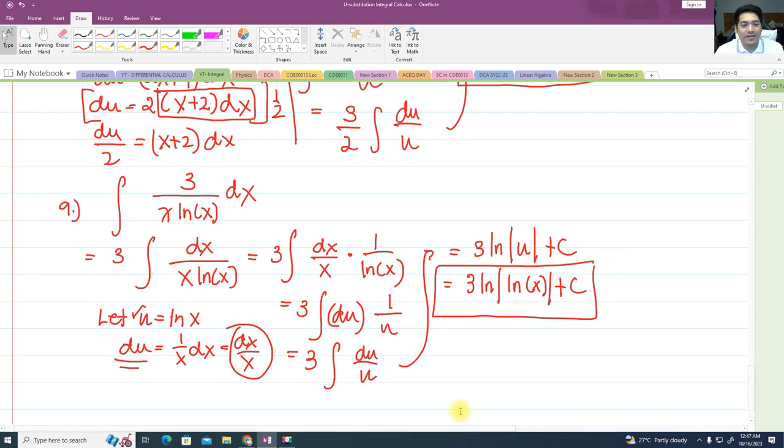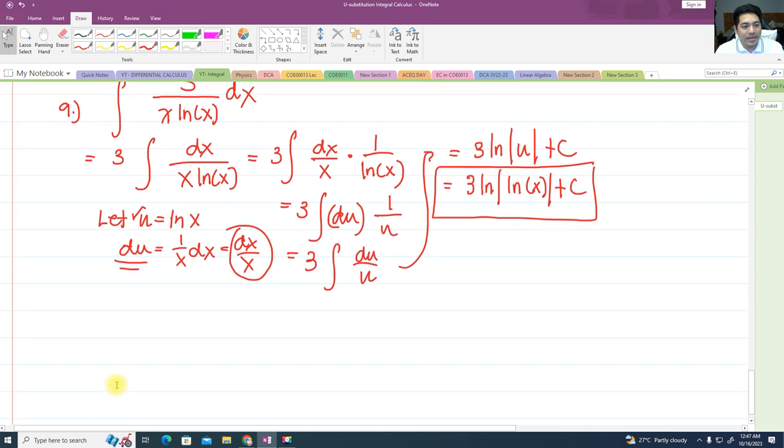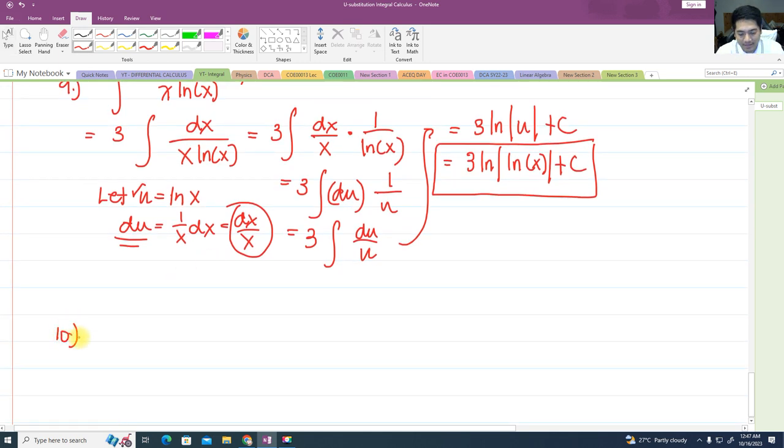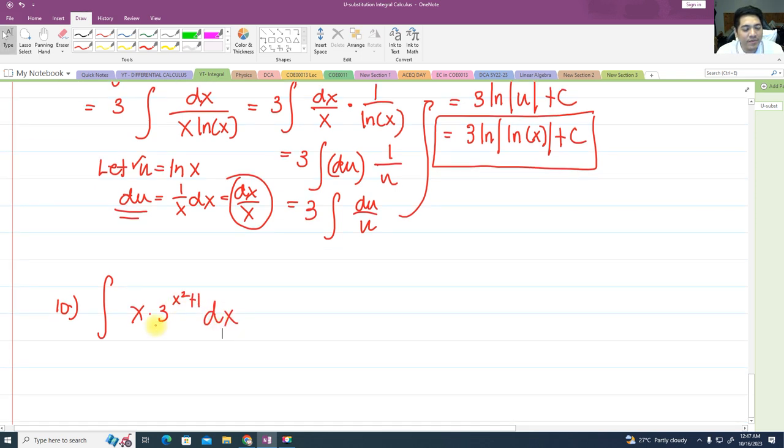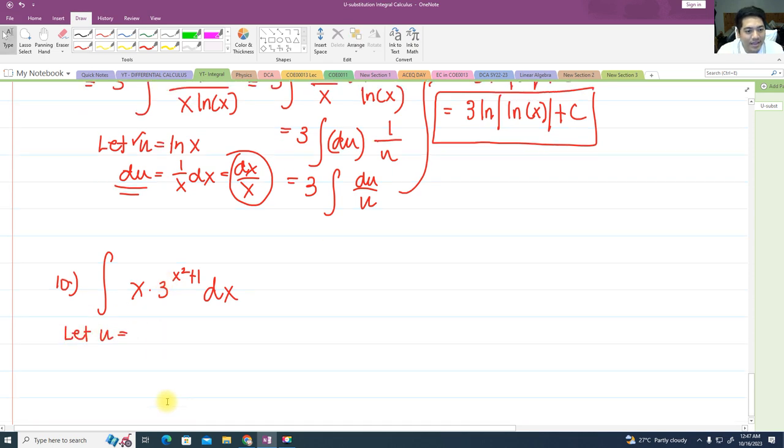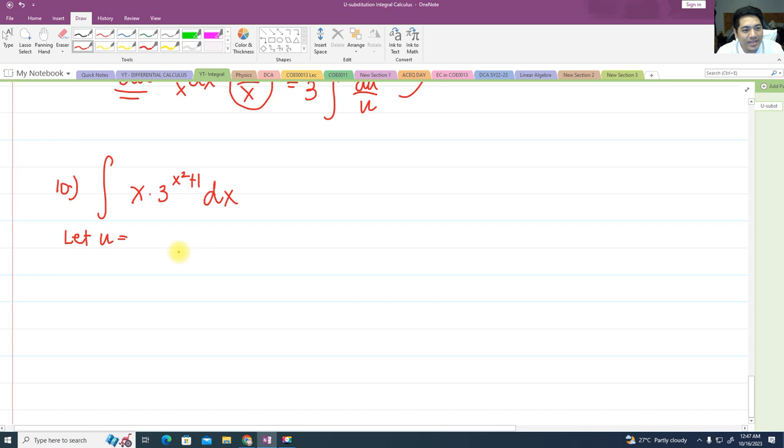So number 10, and by the way, the last number for this discussion, we have x multiplied by 3 raised to x squared plus 1 dx. It's very obvious that if I have an exponent like that, x squared plus 1, I might as well give it a try as u.